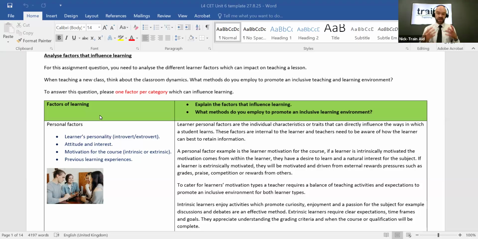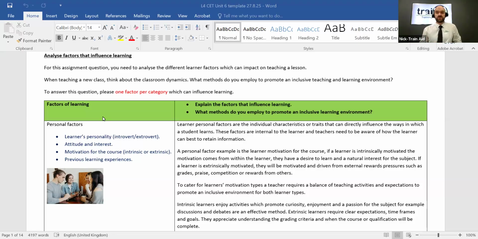They could be really intrinsically motivated, so that's motivation from within, or they could be externally motivated as well. That's otherwise known as extrinsic motivation, so you're motivated by outside factors such as rewards and targets. We'll come on to that in a moment.